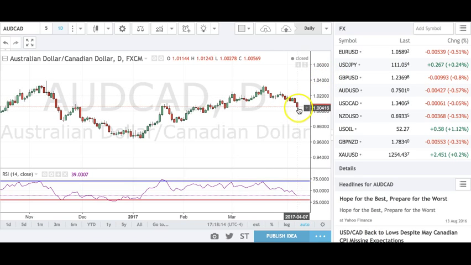On the other hand, a break below the 150 level, which is very close, puts us on a very strong path towards parity, and that could be a very interesting trade as well. So it's a momentum trade right now, and unless the trade moves back up towards the 101 handle, at that point you're wrong. Despite the fact that I'm mildly bullish Aussie against the Euro, I'm negative Aussie against the CAD on a technical basis, looking at the charts.